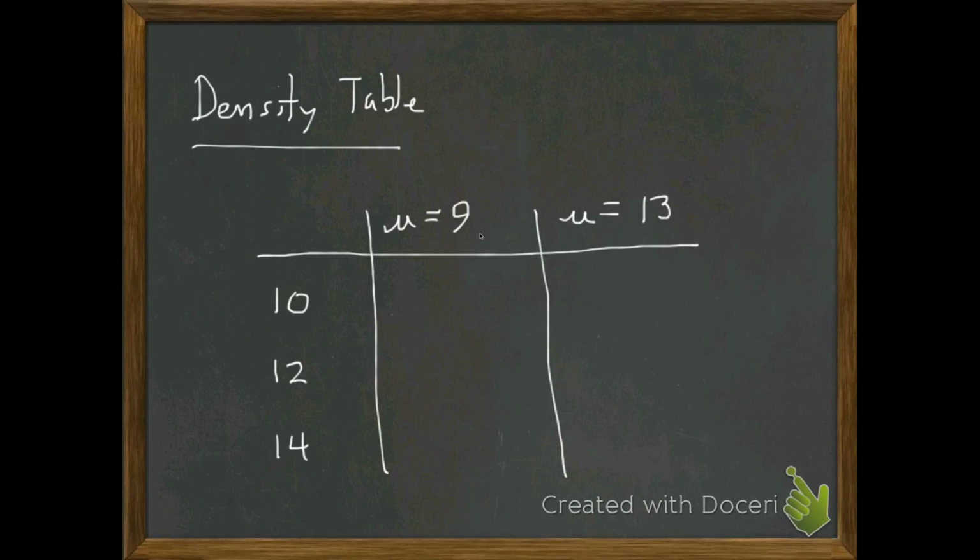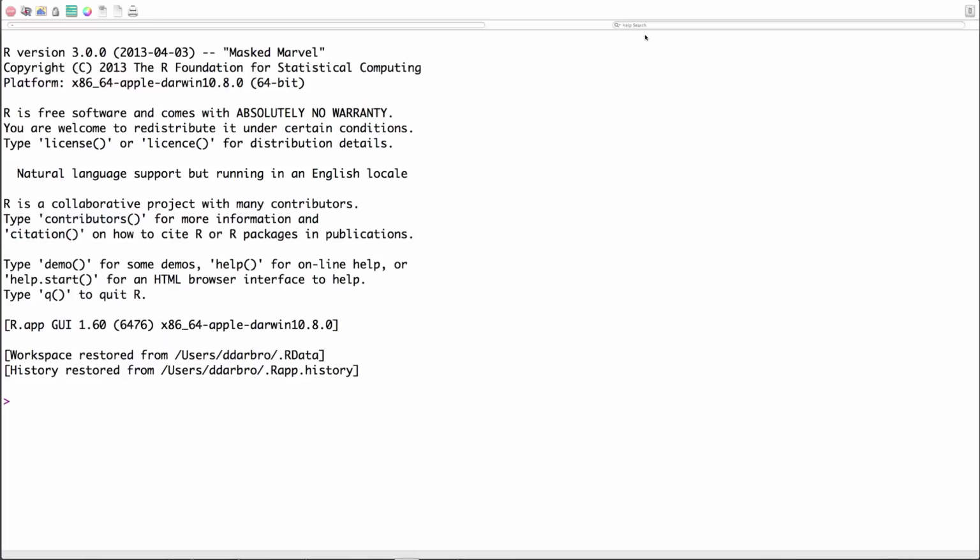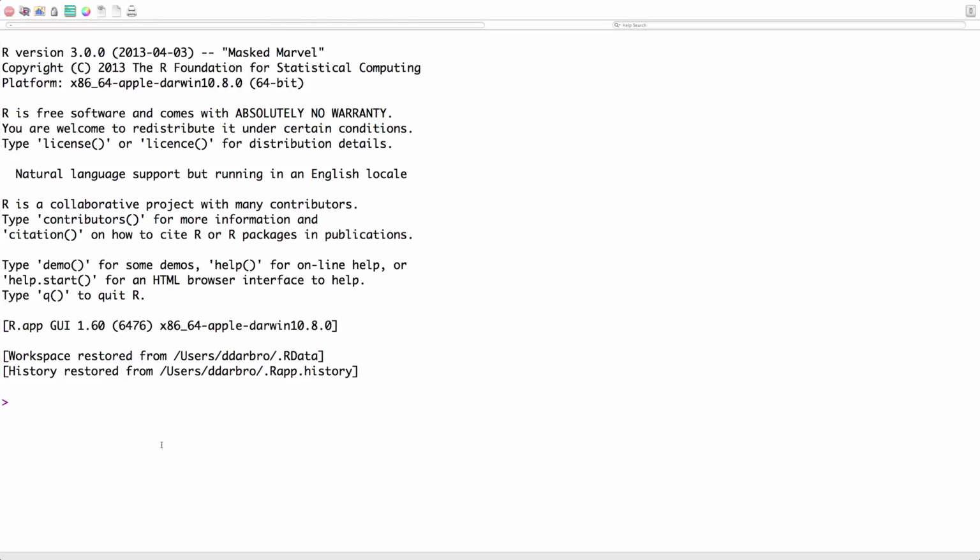Now, it's a cool feature that we have in R that can calculate these densities for us, and it's called dnorm, dchisq, d-whatever it may be, whatever distribution it may be. So what I'd like to do is now go to R, and again, what I'm going to use here is dnorm. I want you to get used to using this help function because it's extremely helpful, and I use it all the time.